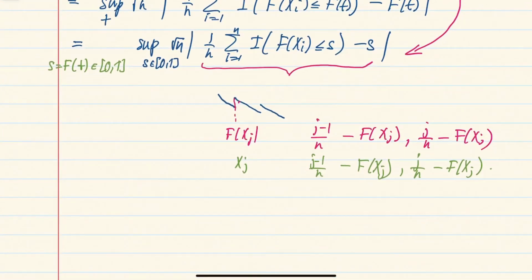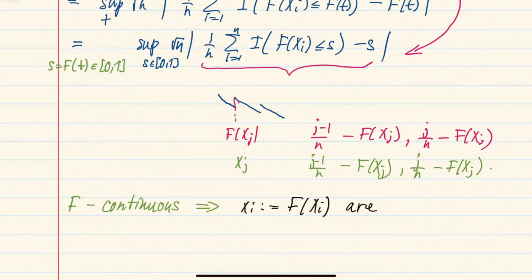But now let's notice that because f of t is continuous, we know from chapter 1 that when you plug a random variable, let's denote it by little xi, into its CDF, these are actually uniform on 0, 1.